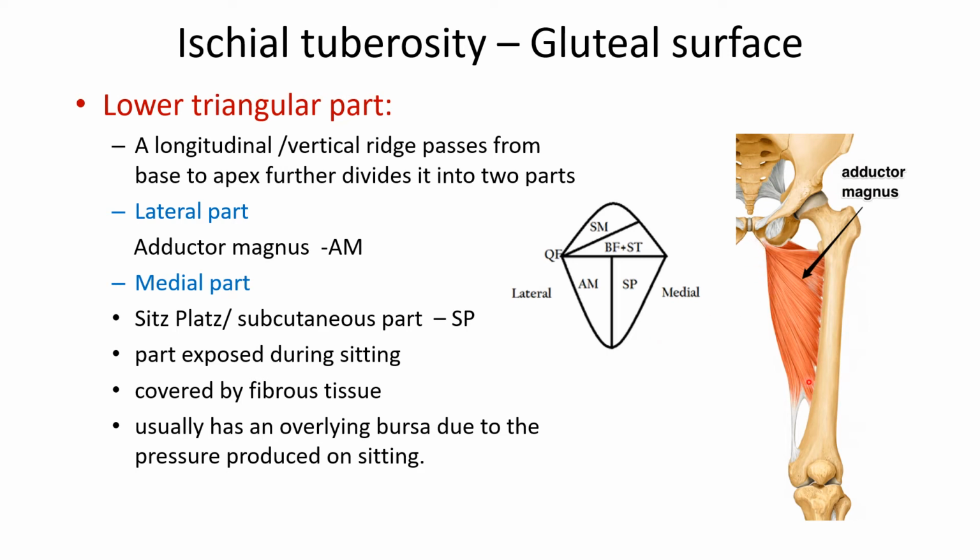And in this picture you can see the adductor magnus muscle, the ischial part of it coming from the lateral part of the lower triangular region of the ischial tuberosity.